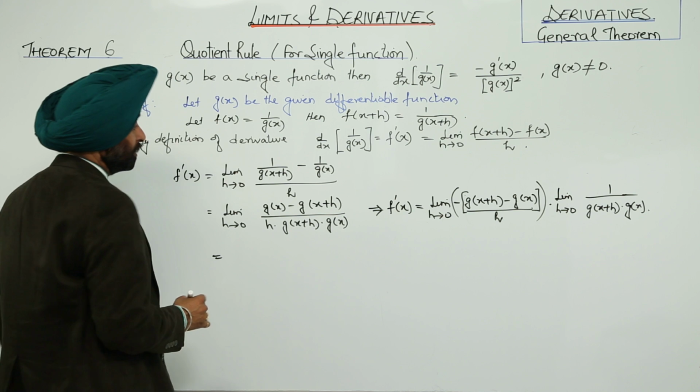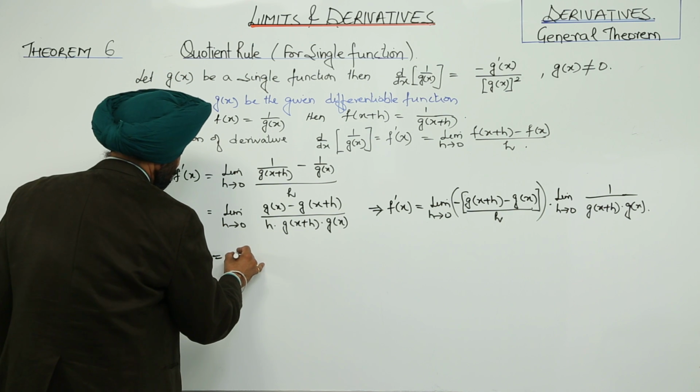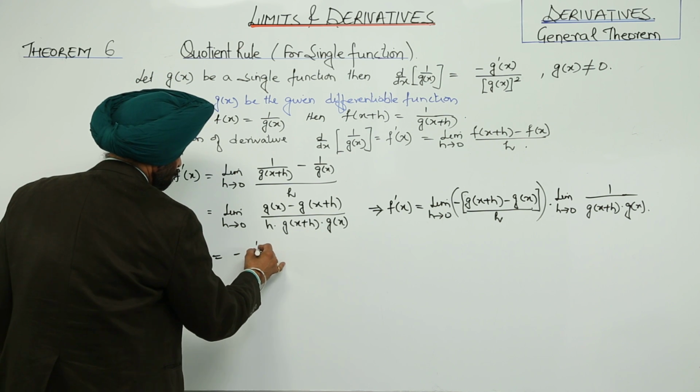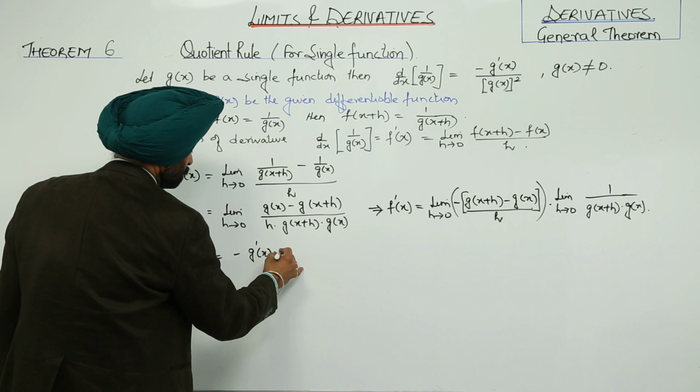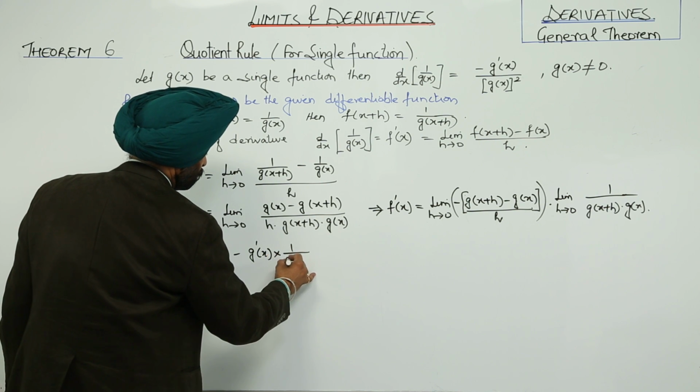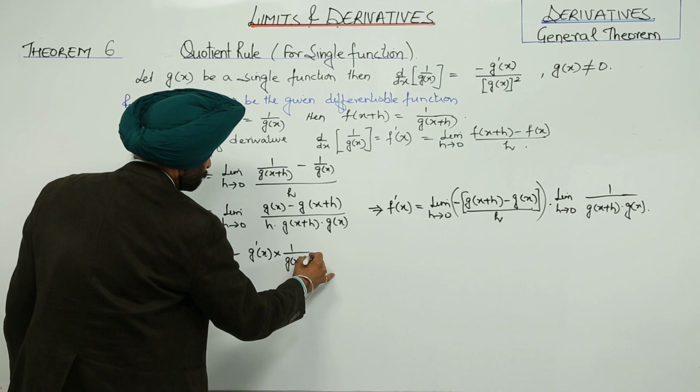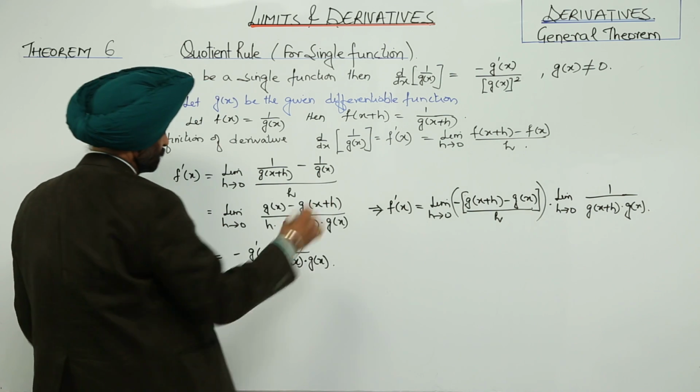Now this becomes negative of g'(x) times 1/(g(x) g(x)).